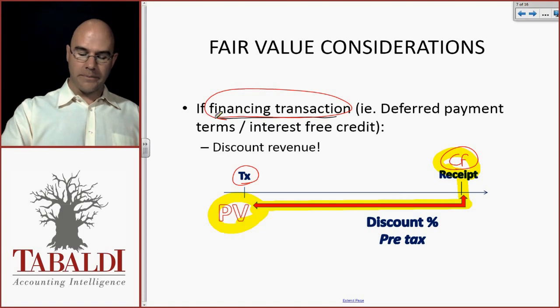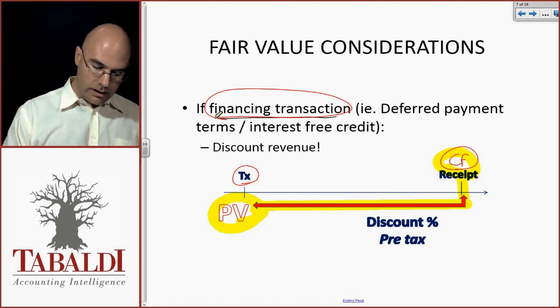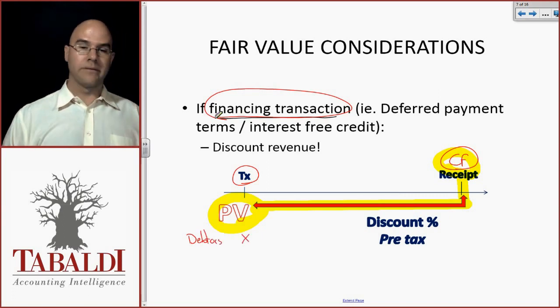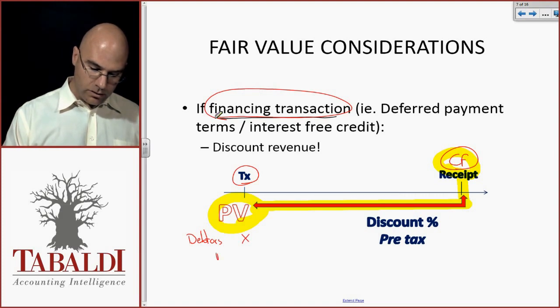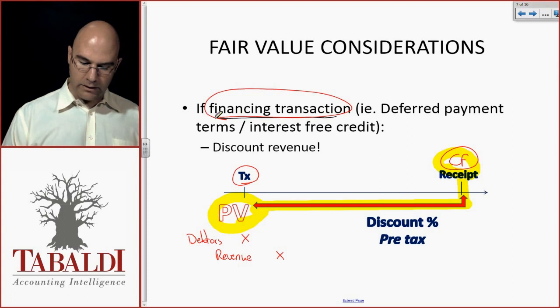Okay, so on day one, I will go debit debtors with an amount. I will then credit revenue with the present value.